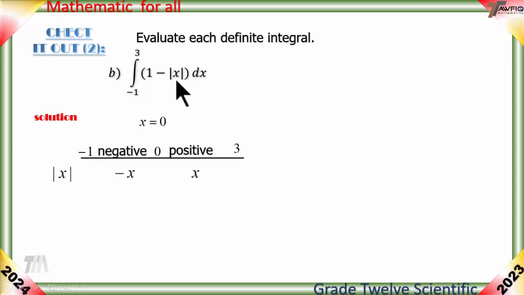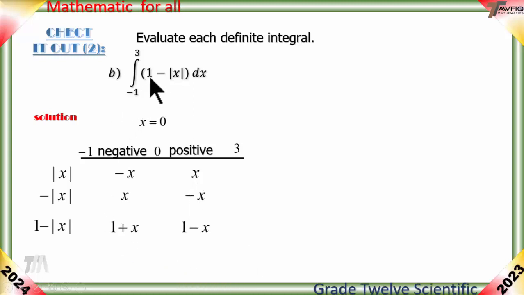We are defining the absolute value. Absolute value of x here is minus x and here is x. Because we have minus before the absolute value, multiply all of them by minus. It becomes minus absolute value of x. Here minus times minus becomes positive x. Here positive times minus is minus x.